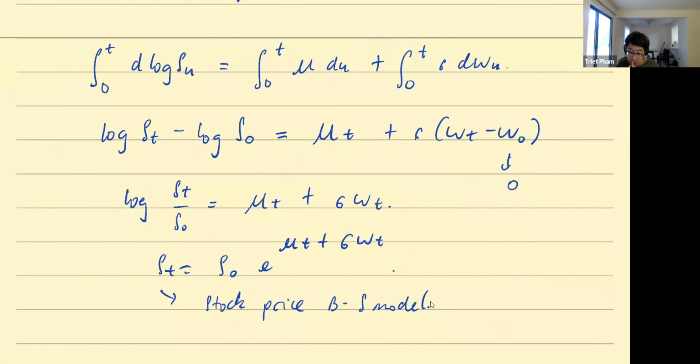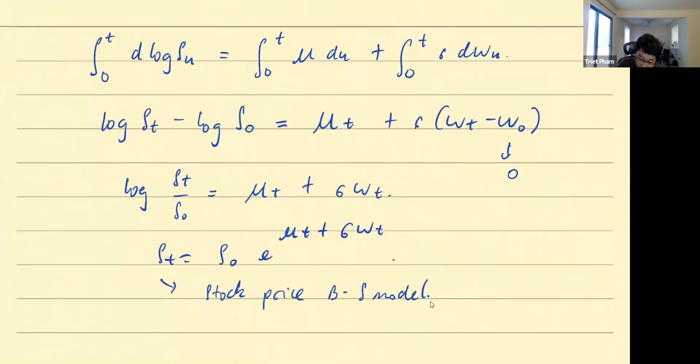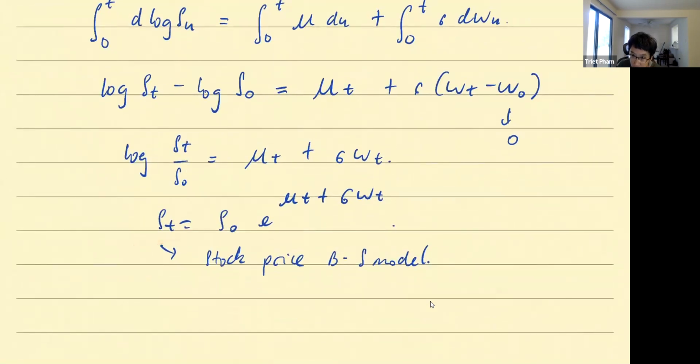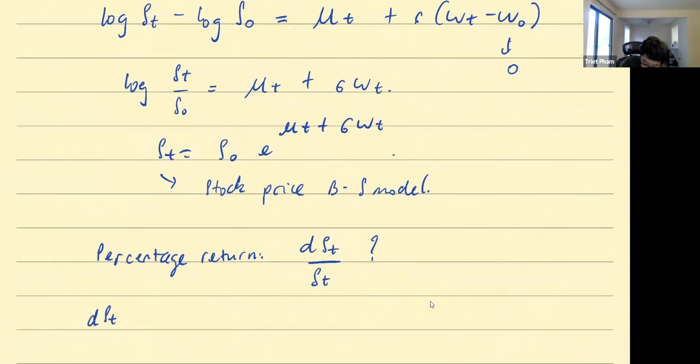What I want to say is, from the log return model, we also obtain the stock price model. In between, there is this mysterious object of the percentage return that we'll get to, which is the change in the stock divided by the stock. That's the goal. You will see that, mysteriously, percentage return will be like this.